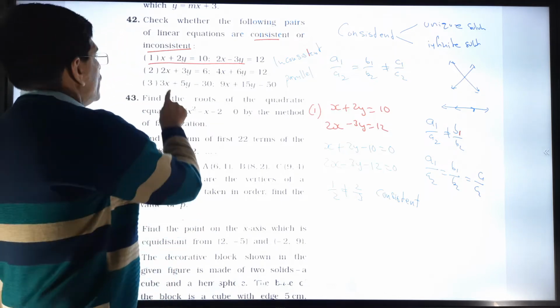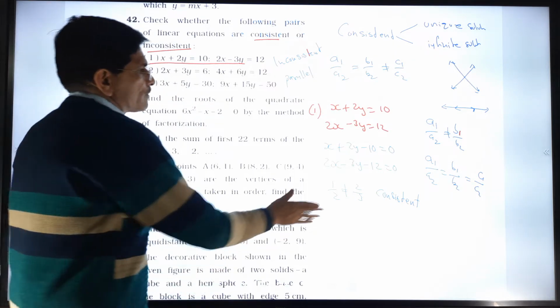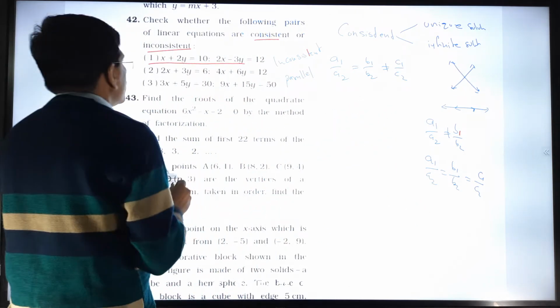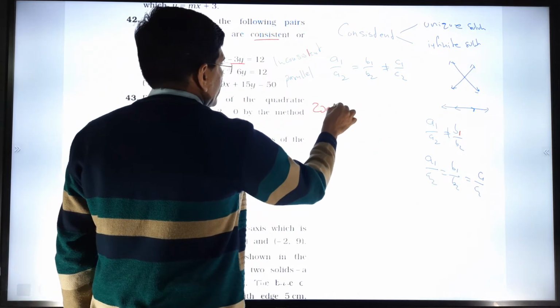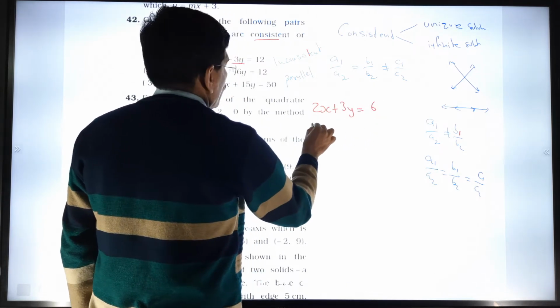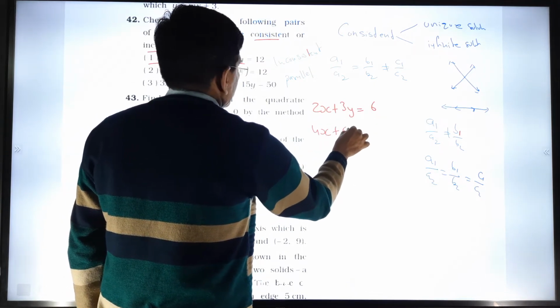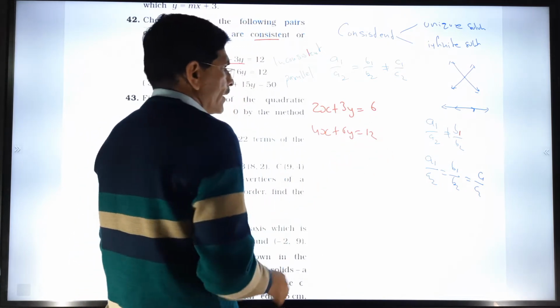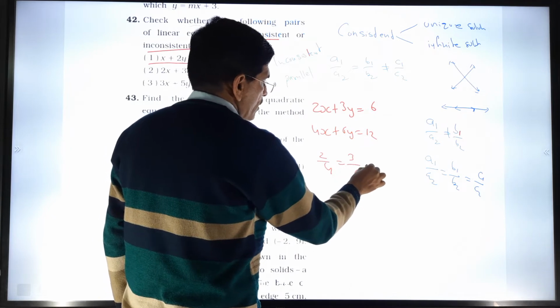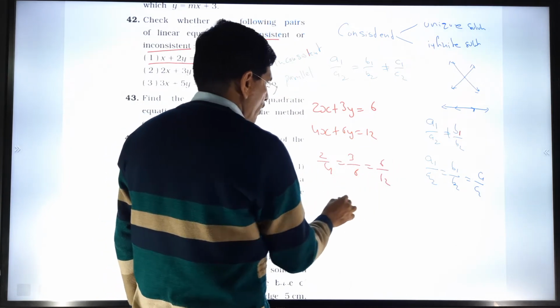Now for the second, 2x plus 3y is equal to 6 and 4x plus 6y is equal to 12. Now you will see 2 upon 4 is equal to 3 upon 6 is equal to 6 upon 12.